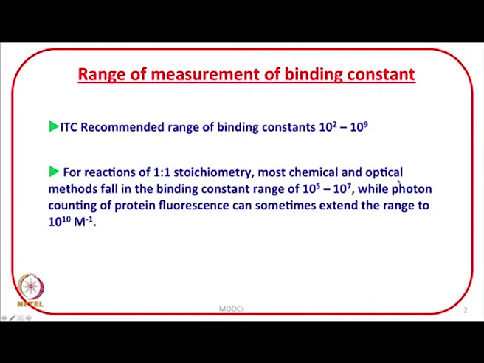For reactions of 1:1 stoichiometry, most chemical and optical methods fall in the binding constant range of 10 raised to the power 5 to 10 raised to the power 7. Whereas if you use fluorescence, you can extend this range to 10 raised to the power 10. We have already discussed how to use fluorescence in estimating the value of binding constant.